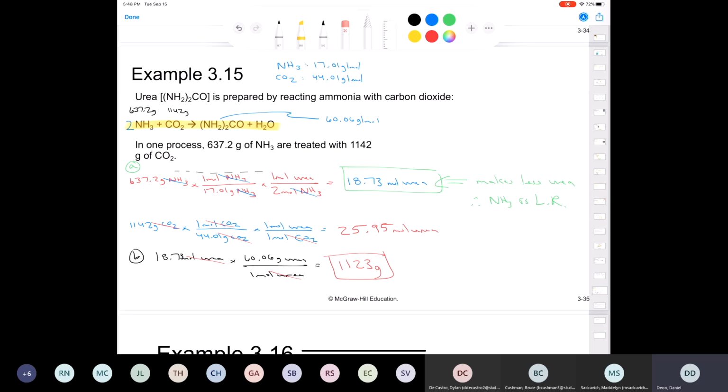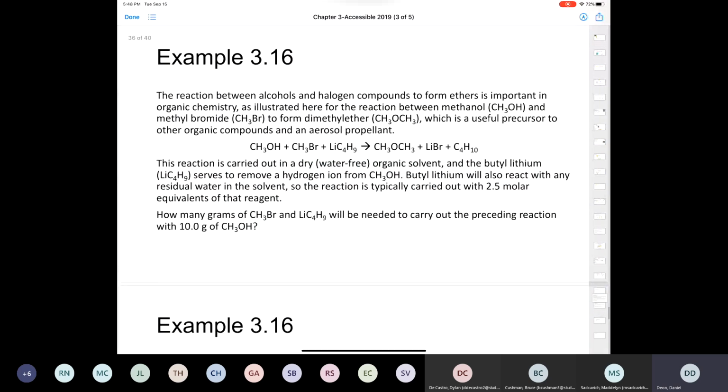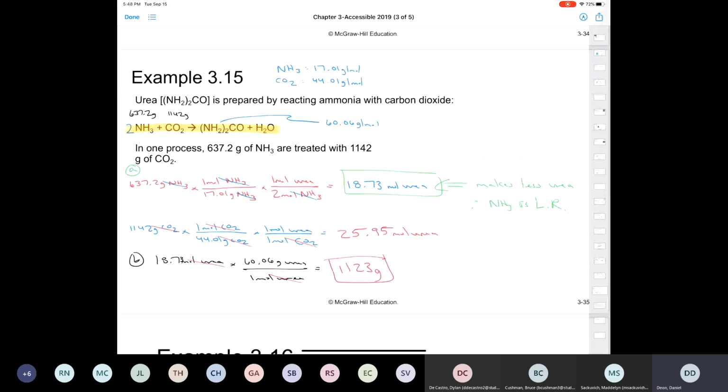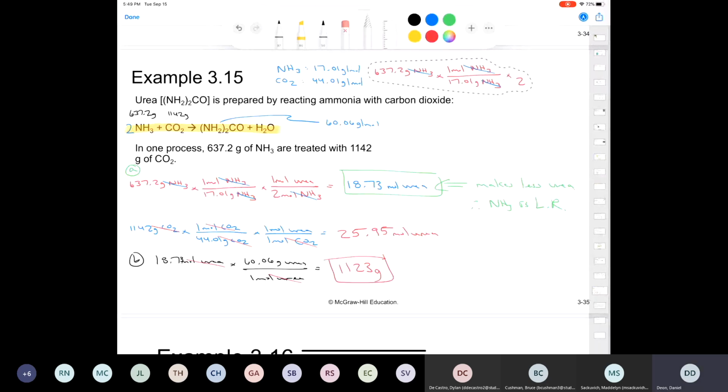If I copy this over here, I'm just trying to make it a little bit quicker for the sake of time. Oh, I'm running out of space, aren't I? Well, let me just show you how to do it quickly. You would end up with this, and this would tell you the number of moles of ammonia that you've used up, but you want to figure out the total number of moles of carbon dioxide that you've used up.